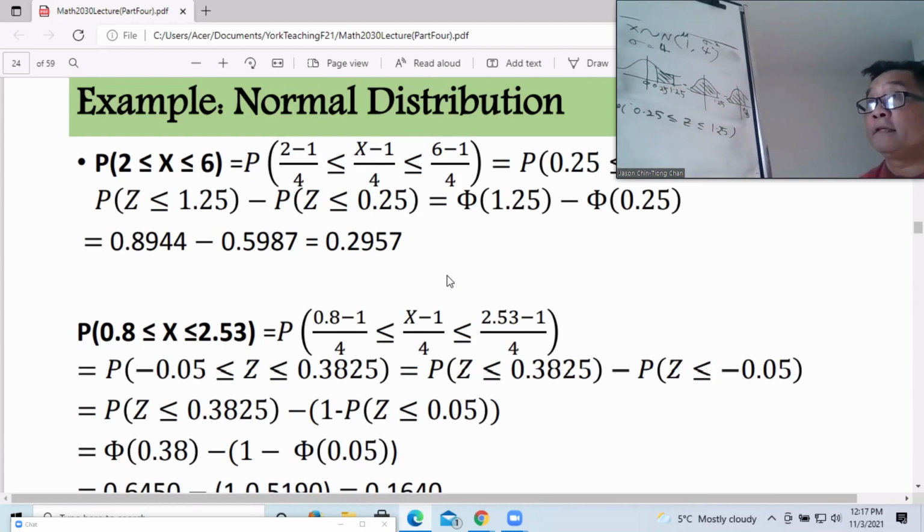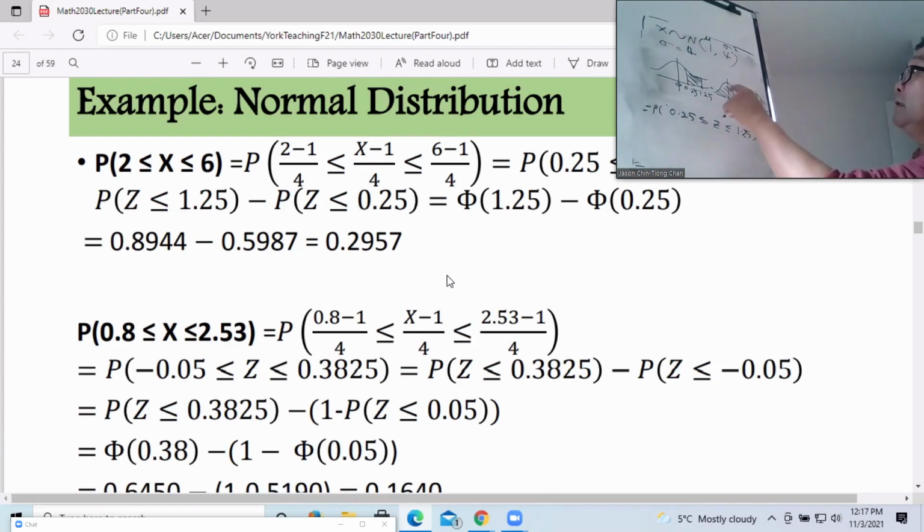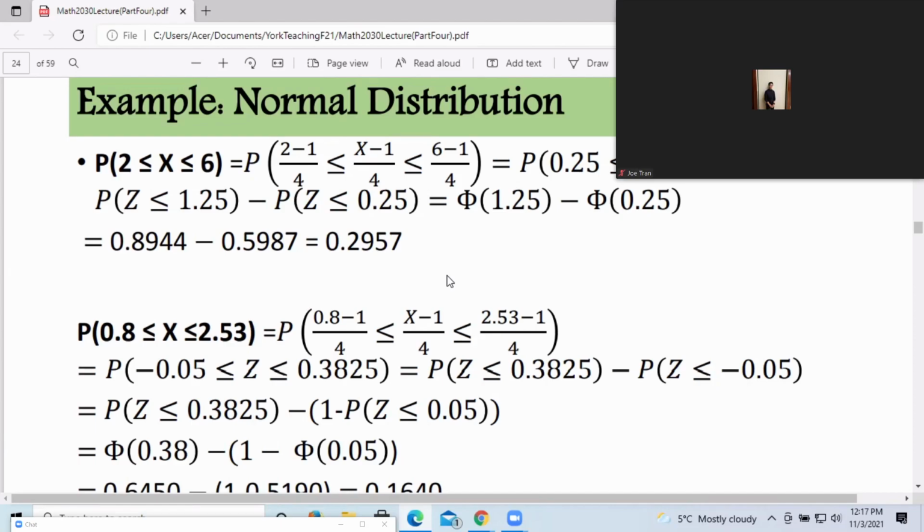Can you see it? The first picture is equal to the second minus the third one. Yes or no? Everyone agree? Yeah, okay.